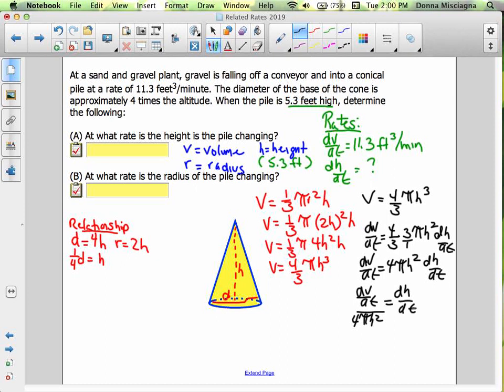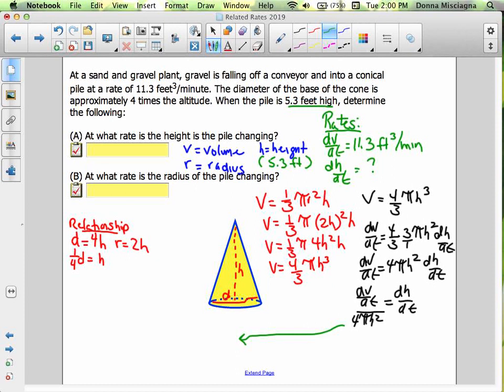And this is not going to be a pretty number. Matter of fact, the fact that it's not a pretty number is going to influence what we do on B. But let's just plug in our values and simplify. Since I've got some space over here, let's just do it over here.